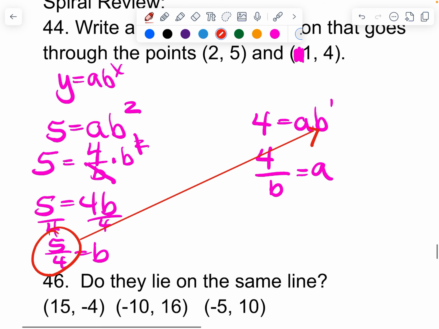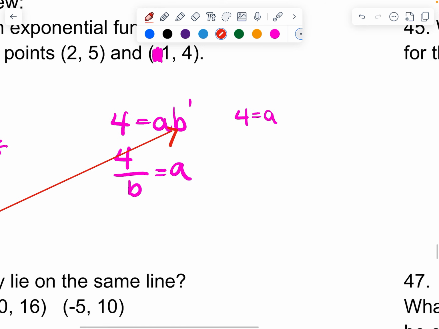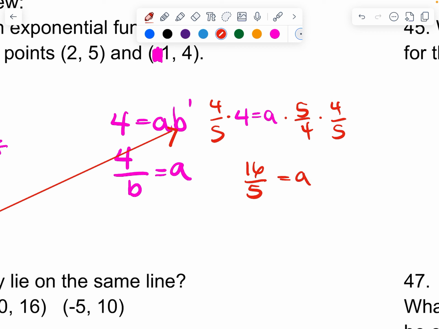Okay? So now I have 4 equals a times 5 over 4. So multiply both sides by 4 over 5, and I get 16 over 5 is equal to a.